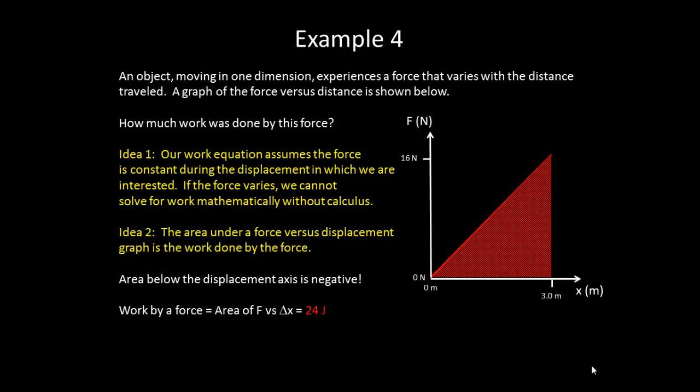So we can solve for the work done by this particular force by looking at the area under the curve of a force versus displacement graph, and in this case that will be our displacement of 3 meters times the force, 16 times 1/2, since it's a triangle. So we get 16 times 3 times 1/2 gives us 24 joules.